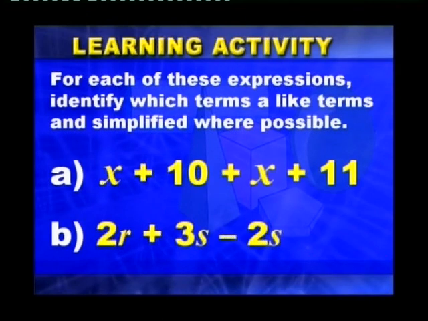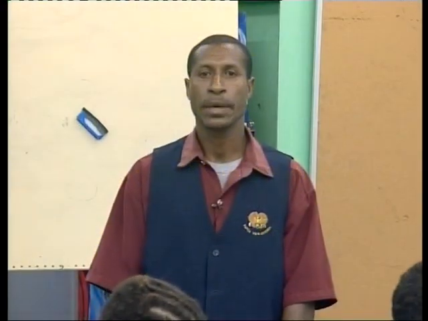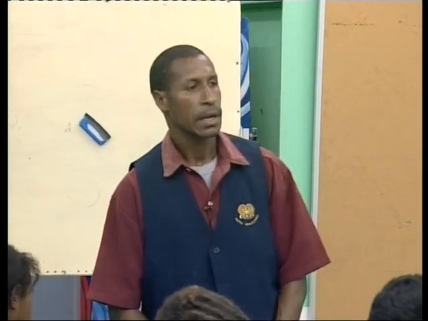Okay, receiving students and 7s, let us look at the answers to our two learning activities. Students, you can go up to the board and write your answers on the board. Let's have two students from model class.